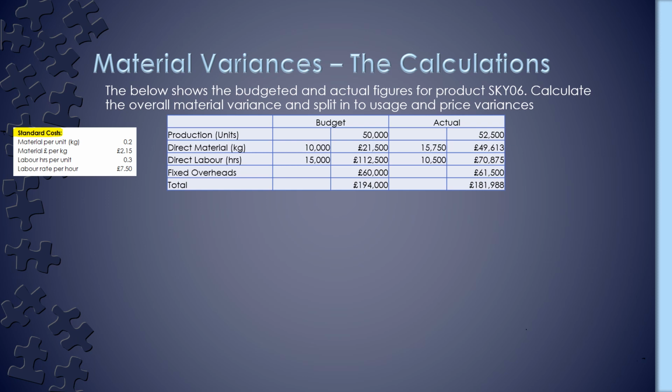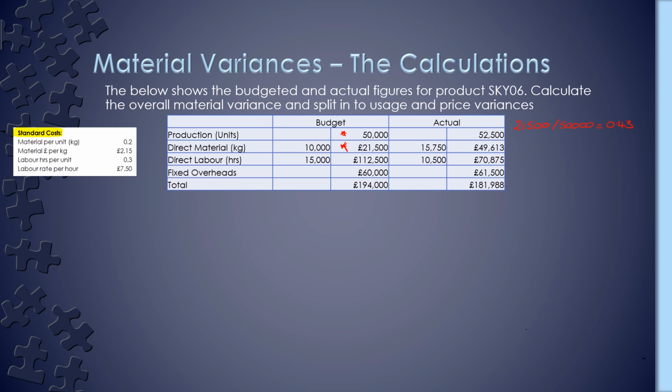To start with, we're going to need to work out our overall material variance. The way we're going to do that is take what we budgeted to spend for our budgeted units and work out how much it is per unit. So 21,500 divided by 50,000 units equals 43p per unit.